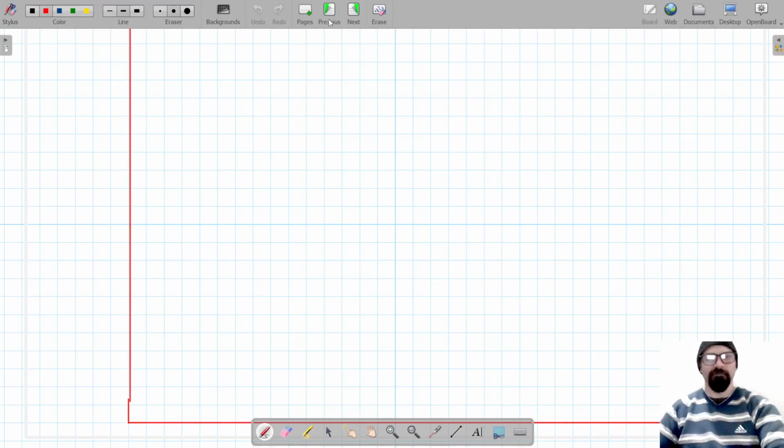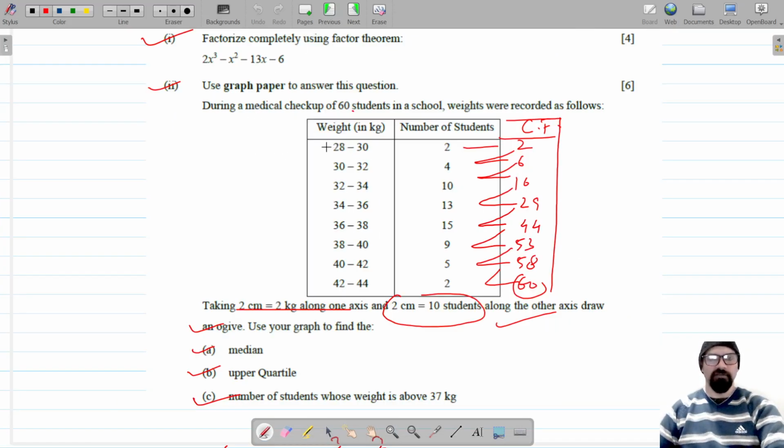And we have got that the weight in kgs starts from 28 to 30. Let's take the upper limits of these classes on the x-axis, the horizontal axis.